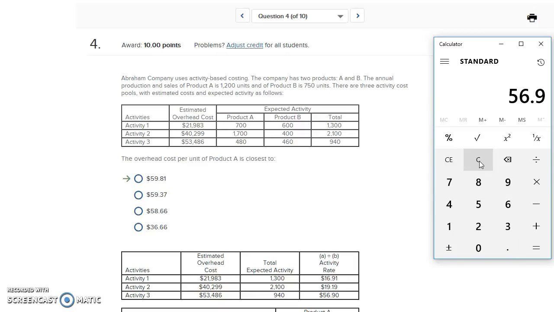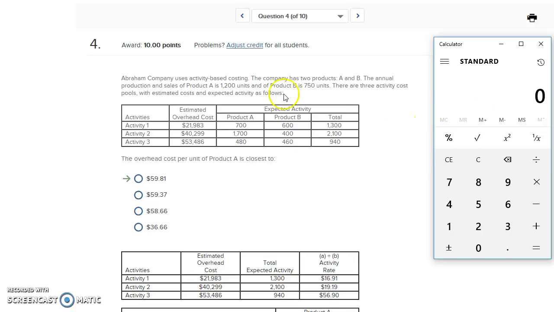Okay. So we want to know the total overhead cost per unit of product A. So product A is per unit. So actually, what we can do is we can take a look at what we've just calculated, and I think it'll get us pretty close.